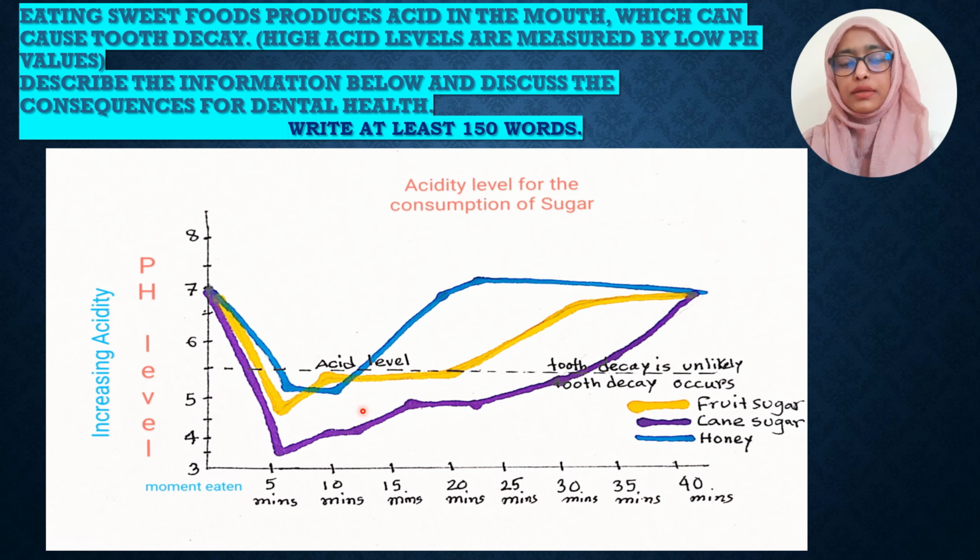So here the summary of the graph is, if you are going to take this sugar, fruit sugar, canned sugar or honey, your body's pH level will start dropping, and when the moment you will consume the sugar, it takes few minutes to start dropping the pH level. The graph is actually showing that how much time it takes to drop the pH level, and gradually with the time it start changing the level, right?